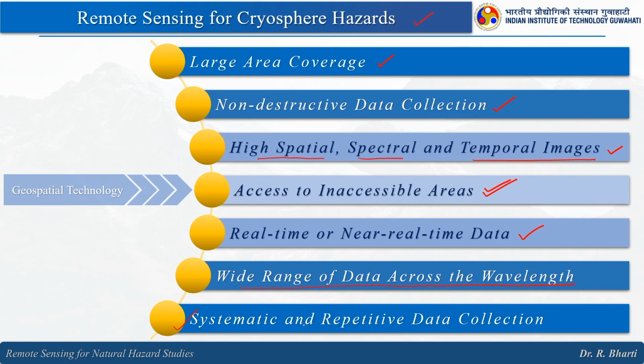Then comes systematic and repetitive data collection. If you want to go for change detection, these remote sensing satellite images are very useful, because they are in the same format and they also have geotagged locations, which helps us analyze the temporal changes in a given area, particularly here glacial lake boundaries, right.